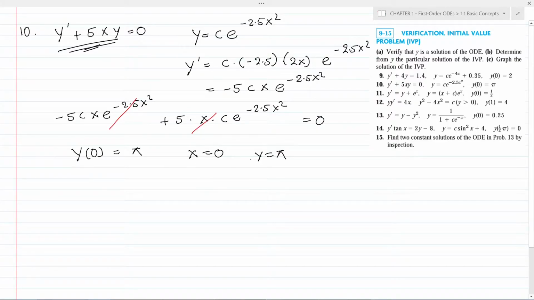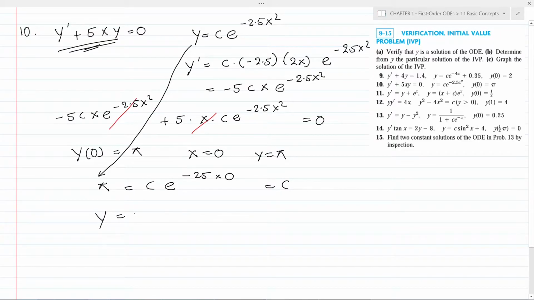So from this equation we get pi equal to c e to the power minus 2.5 into 0, which is equal to c. So the value of c is pi. Now we will place the value of c in the general solution to get the particular solution, which is y equal to pi e to the power minus 2.5 x square.